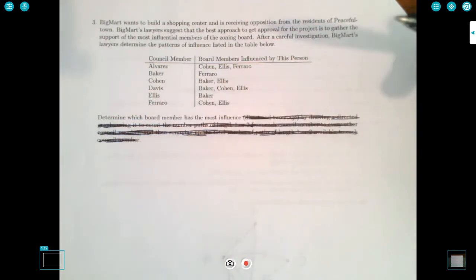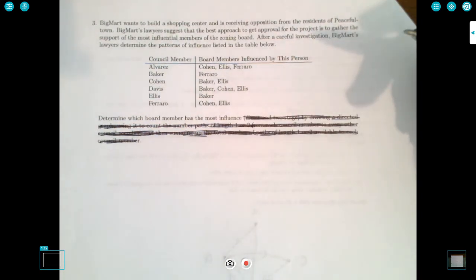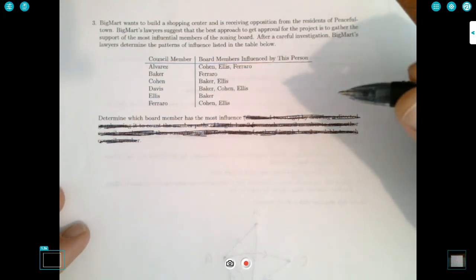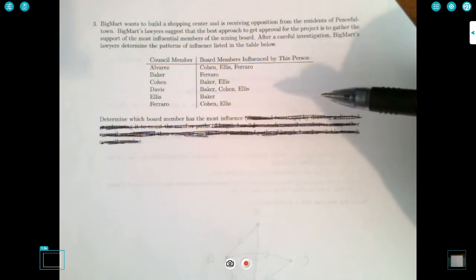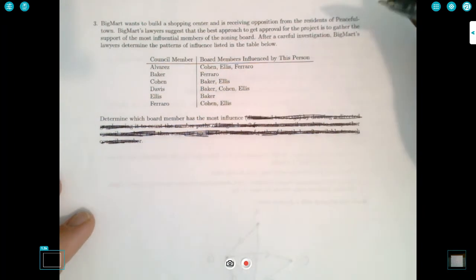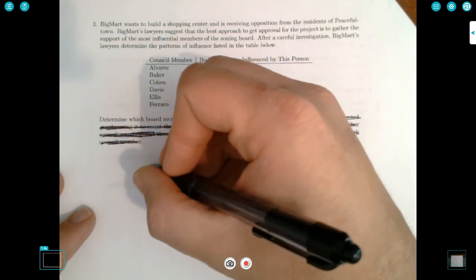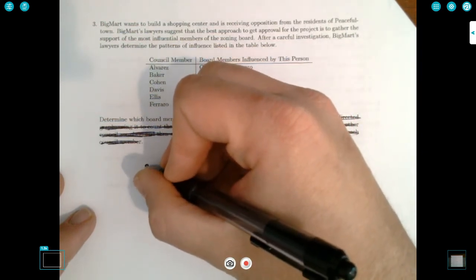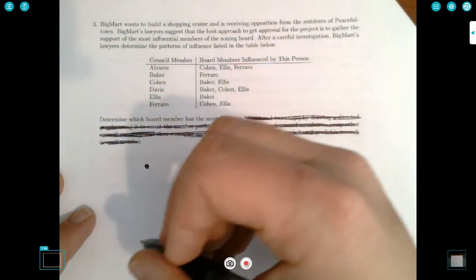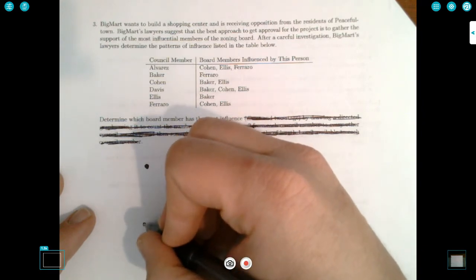Fortunately, these people all have names A, B, C, D, E, F, which is really convenient for me. So how to lay these out? I mean, these are complicated structures. I did some work on this earlier, so I'm going to copy down what I did from before just to get a nice, clear-looking graph. You could kind of play around with it yourself to maybe come up with something you like better, I suppose.